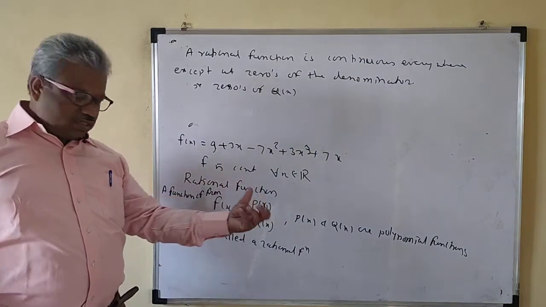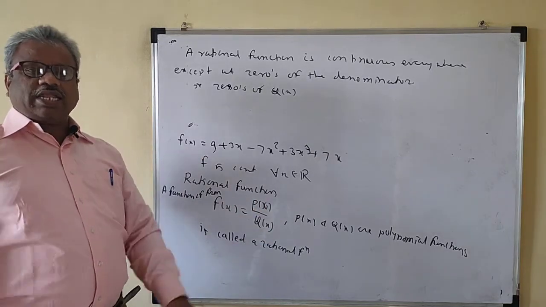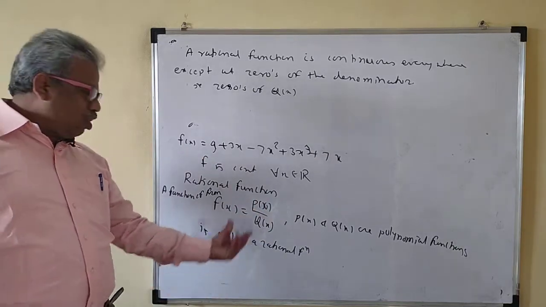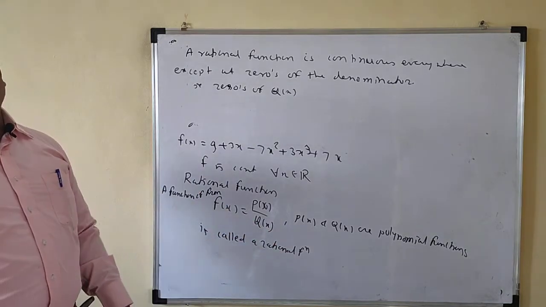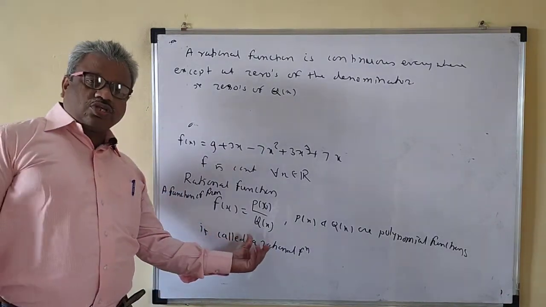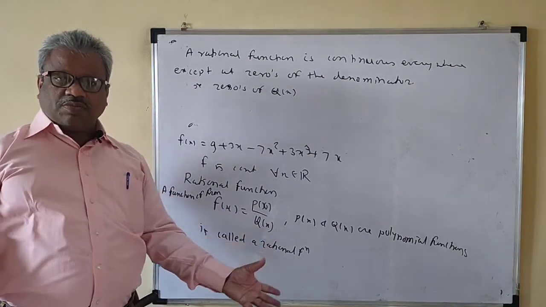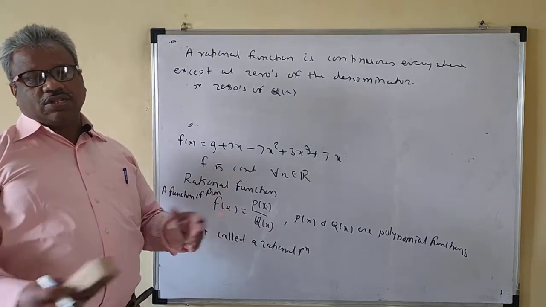So if you have a rational function, what you have to do is take Q(x) = 0 and solve that equation. Whatever the solutions of Q(x) = 0, at those points your function will not be continuous. If the zeros of the denominator are not in the domain of f, then it is continuous everywhere.